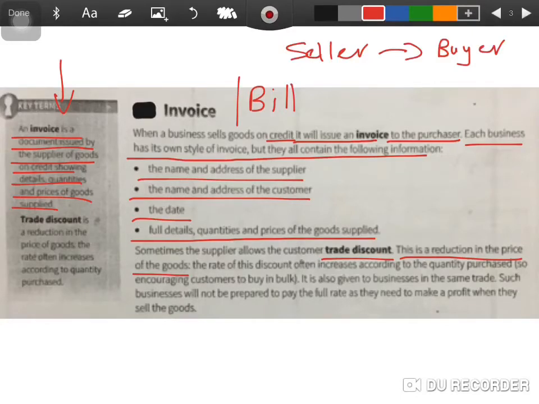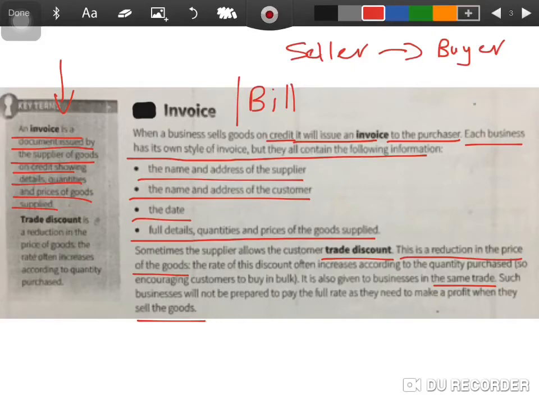So basically we usually give trade discount to people who buy in bulk quantities from us, right? And it is also given to businesses in the same trade. Such businesses will not be prepared to pay the full rate, as they need to make a profit when they sell the goods. So you can also give a trade discount to someone in your own trade so that they can make a profit as well.